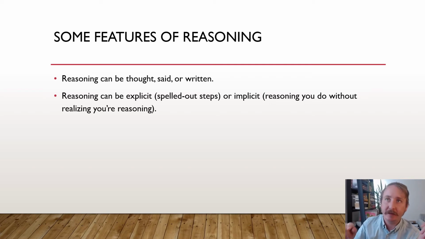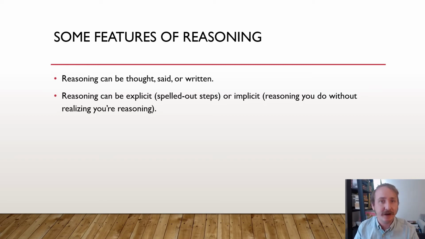Reasoning where we can think about each of the steps in turn and see how each one follows from the other. This can be distinguished from implicit reasoning. So there's a lot of reasoning that you do where you must have gone through some kind of rational process or some kind of irrational process maybe, but it's all implicit. It's in the background of your consciousness.